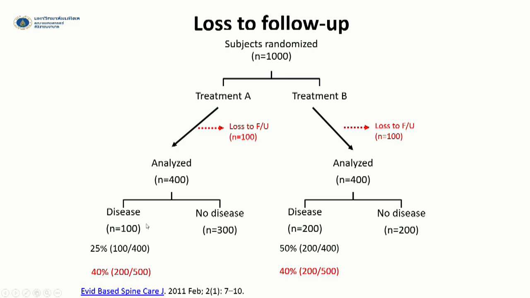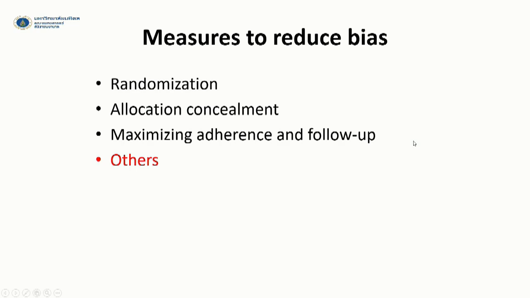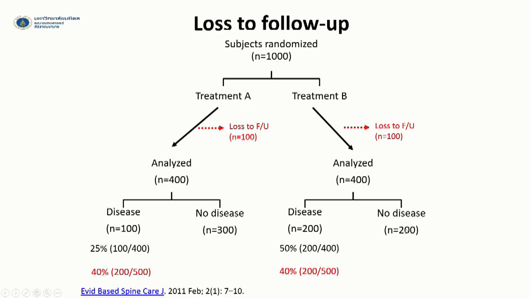So the final outcome would be 200 with the disease and 300 without the disease, the same, right? But on the other hand, in treatment B, they were lost to follow-up, but all 100 participants who were lost had been cured of the disease. They just were lost. The outcome of both results is probably the same, like 200, the same.